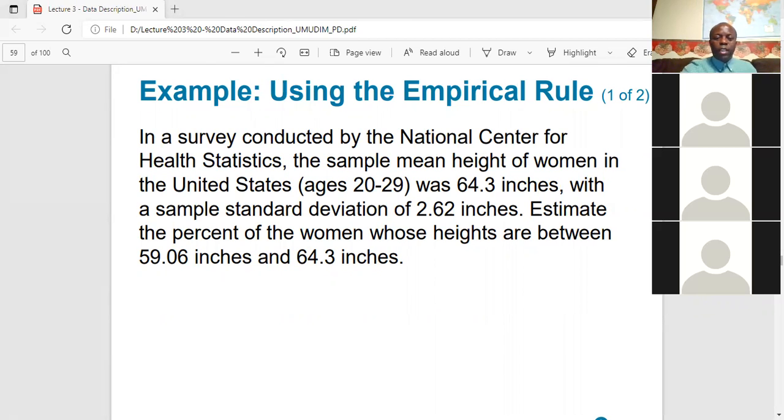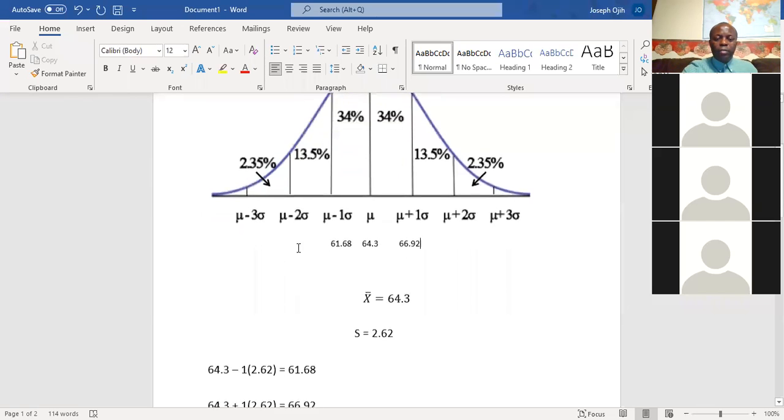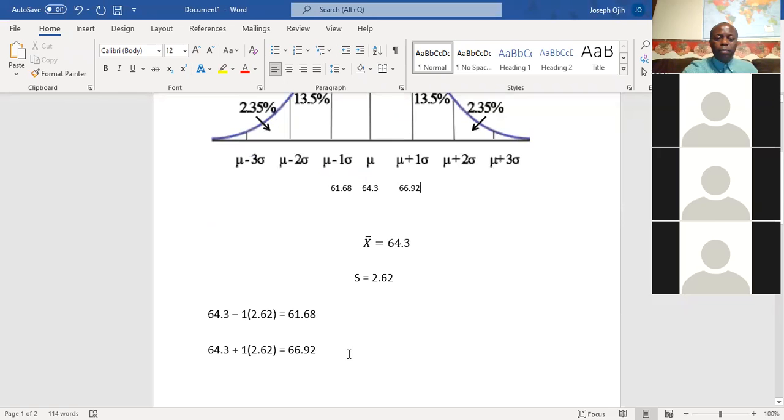Now let us do for 2 standard deviations. See, 2 standard deviations right here. Mean minus 2 standard deviations. So I'm going to do mean, which is 64.3 minus 2 times standard deviation of 2.62. Okay, so I'm going to put it in the calculator so you can see it.